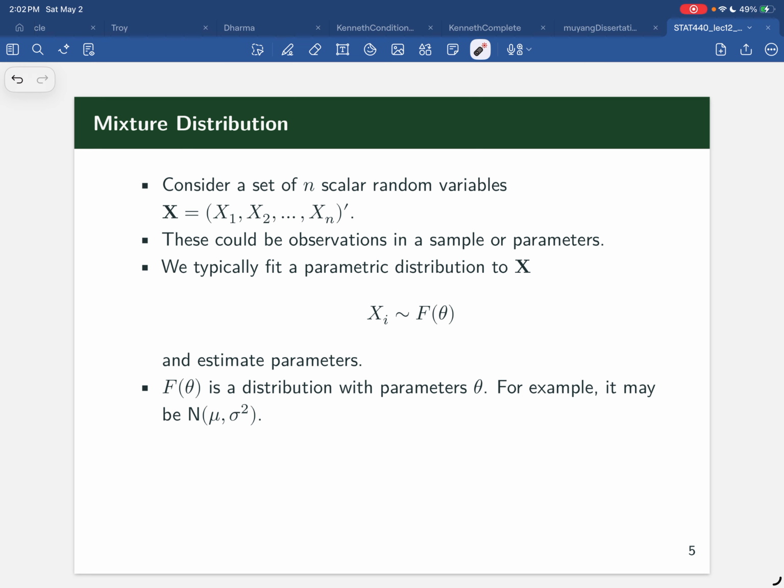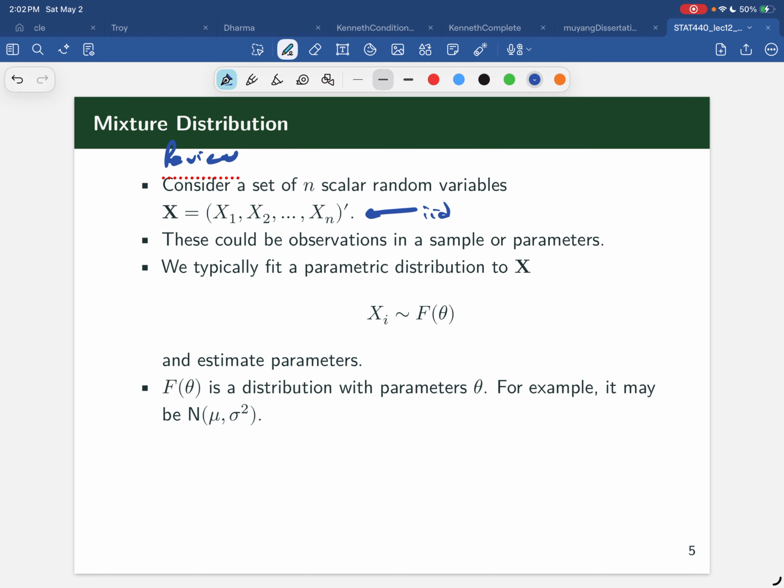Okay, so this here is a review slide, just to kind of set things up for the coming slides. What we have is a bunch of random variables. The way I'm going to think about these guys is that they are IID realizations from some unknown distribution.